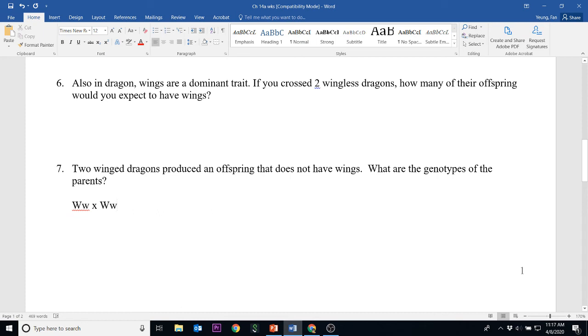So then they can give the small w from each parent to the offspring to become 2 small w. You see that? 1 small w from each parent combined become 2 small w. So this is the 3-to-1 ratio thing.